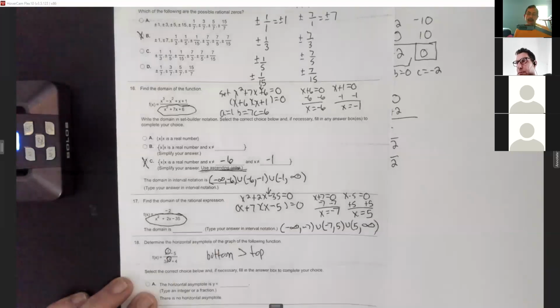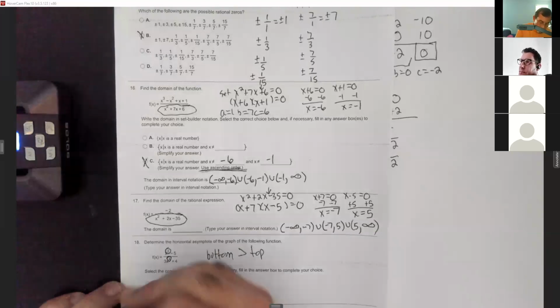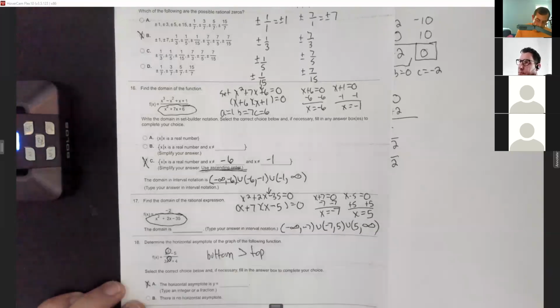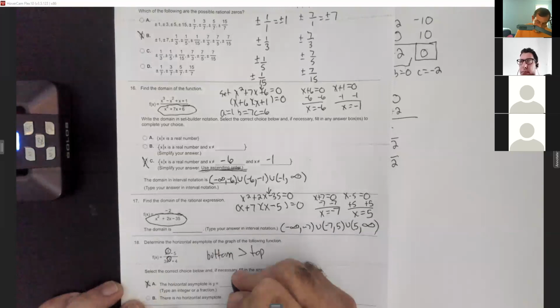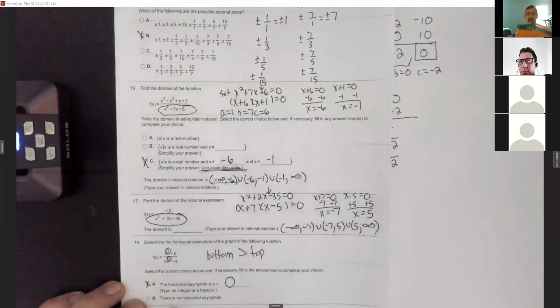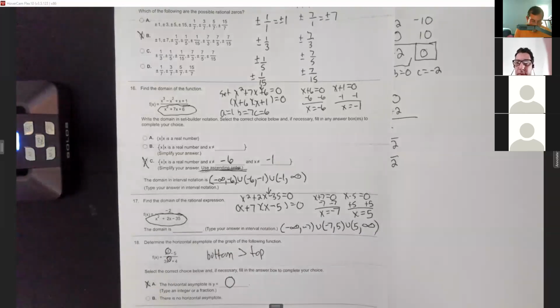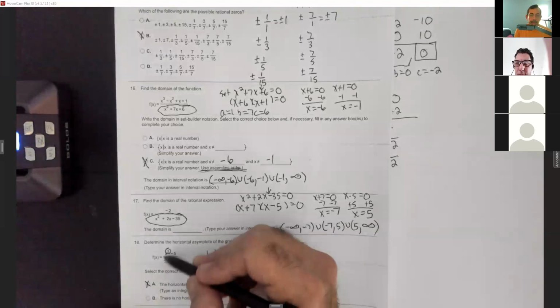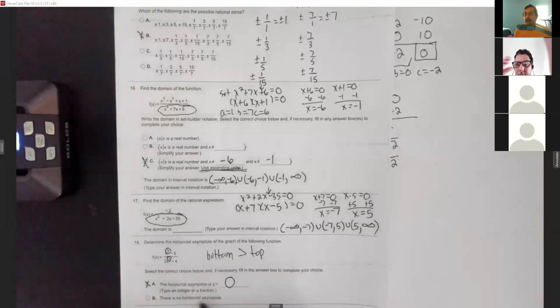Anytime the bottom is greater than the top, the horizontal asymptote will be A, and it is y equals 0. So the only 3 choices you had on that was 0. It could be A over B, which would be the numbers in front, or there would be no asymptote. If the top was bigger than the bottom, then you would have no asymptote on that, okay?